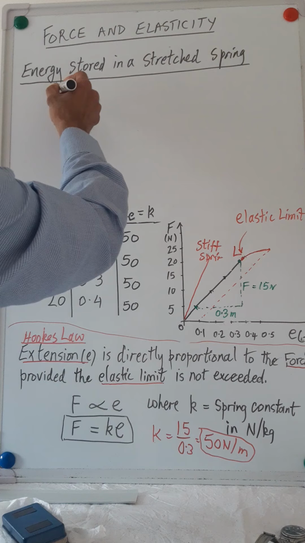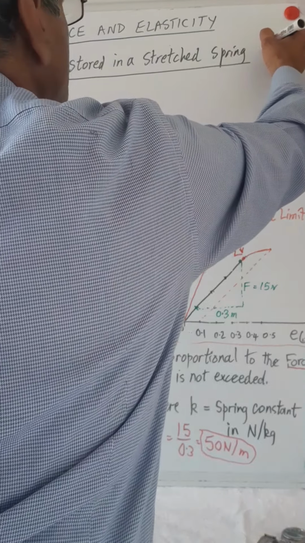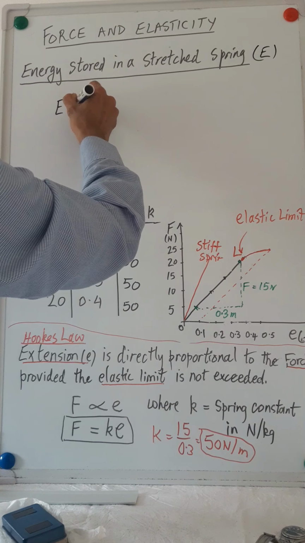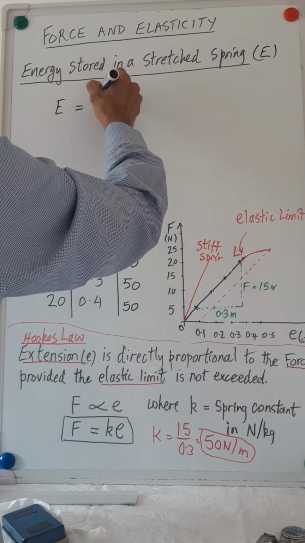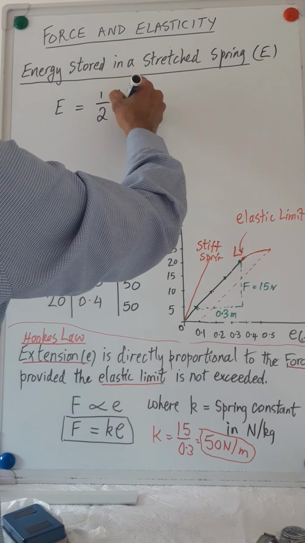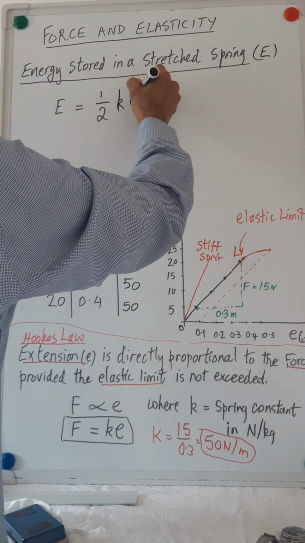Energy stored in a stretched spring, E, is equal to half times the constant times e squared.